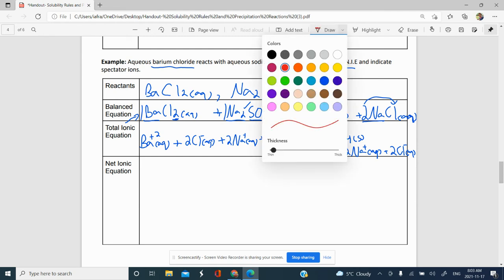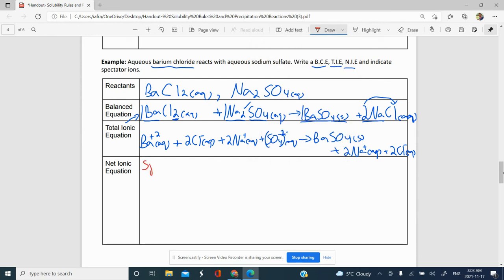We're going to try to identify our spectator ions, and we will cancel them out to make our net ionic equation. So here I have what repeats: 2 sodiums, 2 sodiums. So our spectator ions are the sodiums. And it looks like there's also the chlorines that repeat, this and this.